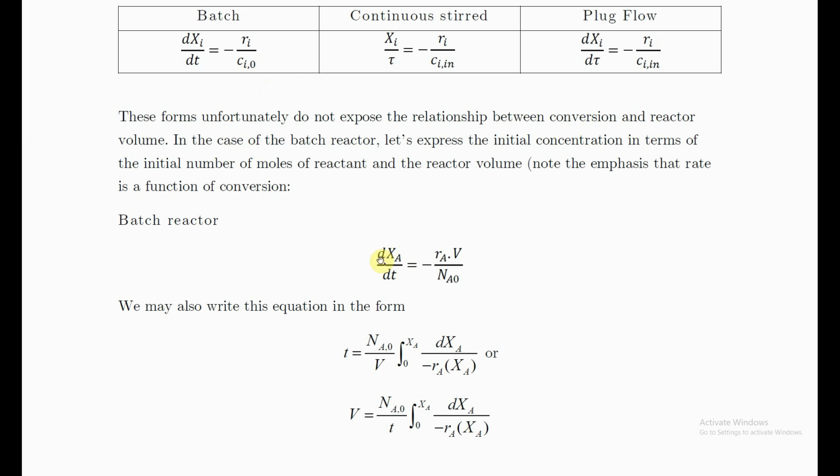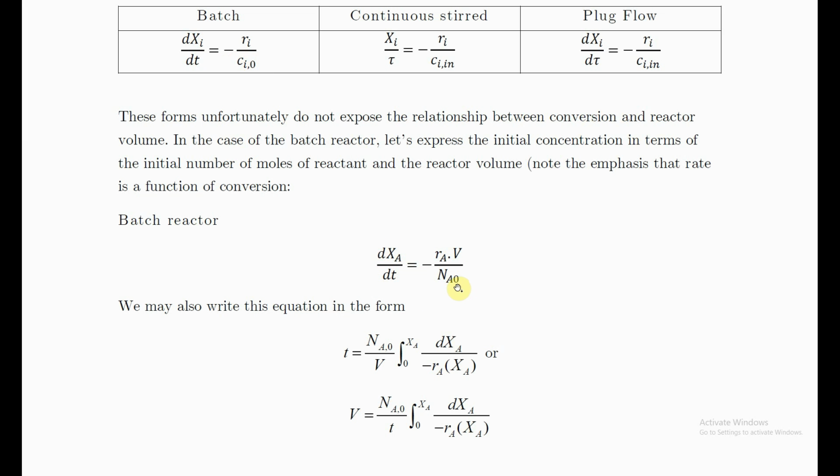And so it's enough for us to be able to solve this equation in terms of component A, and then we can find all the other species using our mole balances. So we're just going to change the form of this equation slightly. Here we had developed that we were dividing by the concentration, and of course we can rewrite concentration as the ratio of the number of moles and the volume. So in the batch case, that's the basic mass balance.